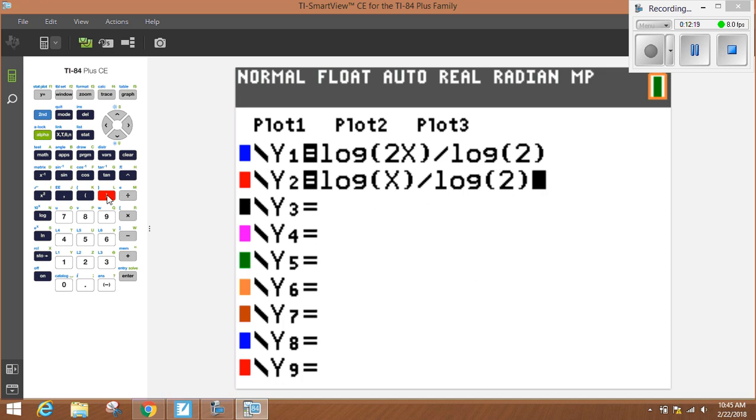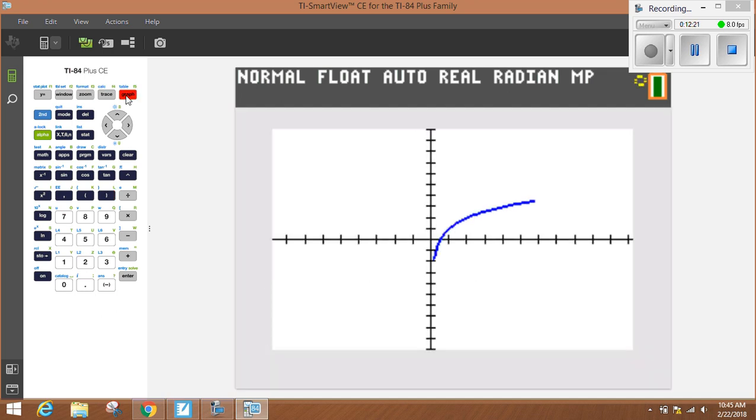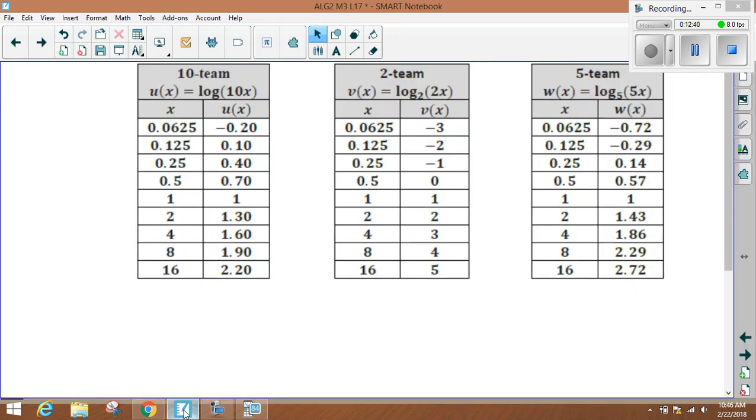Again, just using the change of base formula. I think we've seen again, it looks like it's a translation, right? Yeah. We're translating up 1, or 1 unit in the y direction. Positive 1 unit in the y direction. I don't think we need to do the other one. I think we determined that that's what's going on.